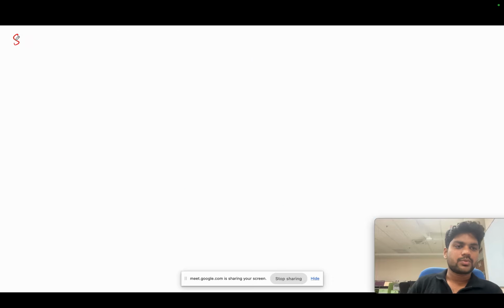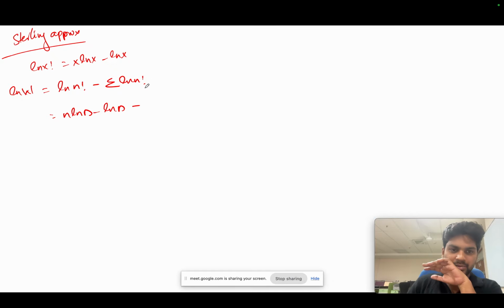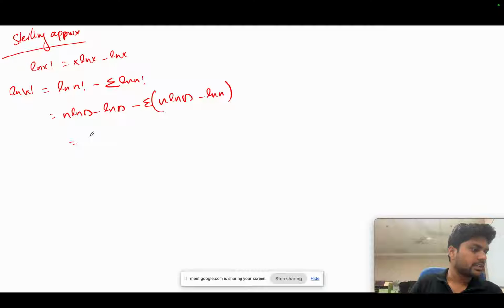So from Stirling's approximation, we have a function. If you use the same formula here, it will be n ln n minus n, minus, I'll give the sigma as it is. Okay, so this is the equation which you will get.